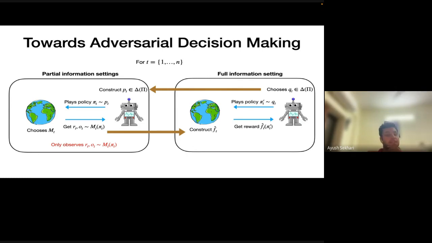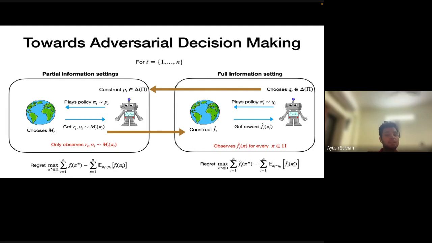which the learner will observe. So the learner will get a reward corresponding to every policy or every decision pi in its own class. In this way, we will try to connect the partial information game with the full information game and eventually solve the partial information game by relying on an algorithm for the full information game that we know has some good regret properties.